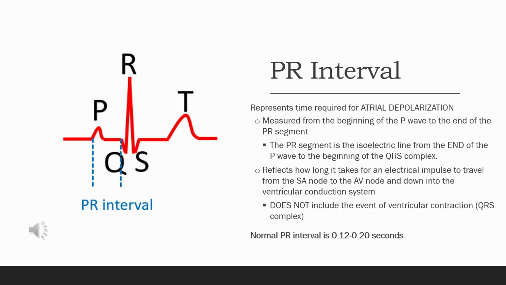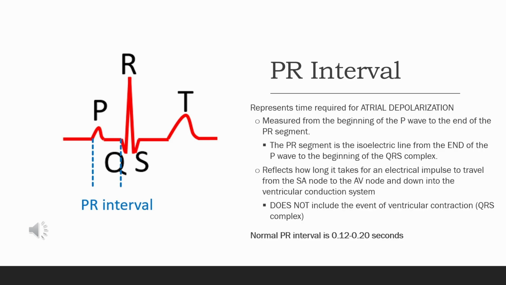So now let's talk about clinical significance. A normal PR interval measures 0.12 to 0.20 seconds, which is 1 large box or 5 small boxes on the ECG paper. A prolonged PR interval suggests that there is a delay in AV conduction, which may indicate that we have an atrioventricular block or some sort of conduction system disease.